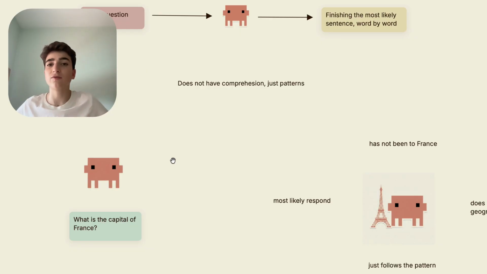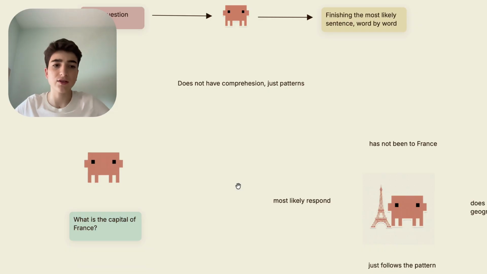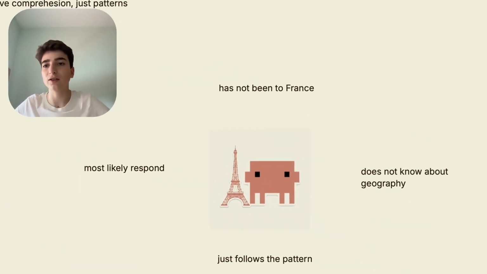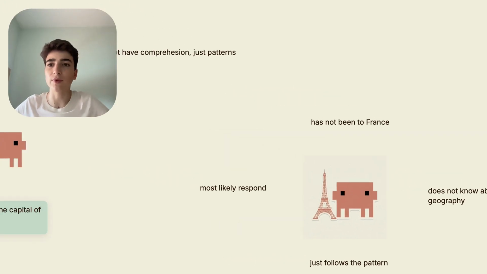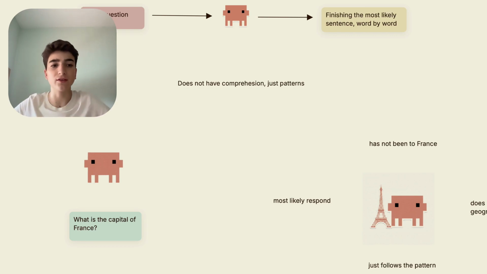In this example, if we ask Claude Code, for example, what is the capital of France? It can respond to us that it's Paris, and it's correct. But it knows this from all the data it has been trained on, and it has recognized that the capital of France is Paris from all the patterns in the data.